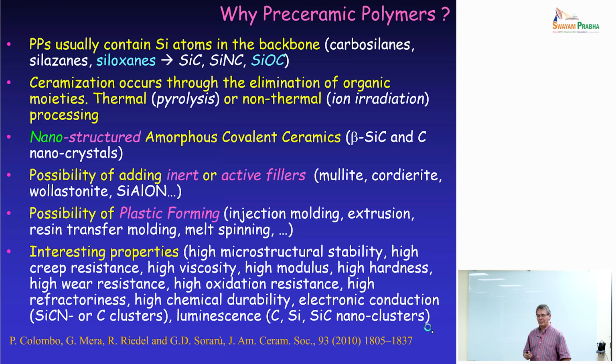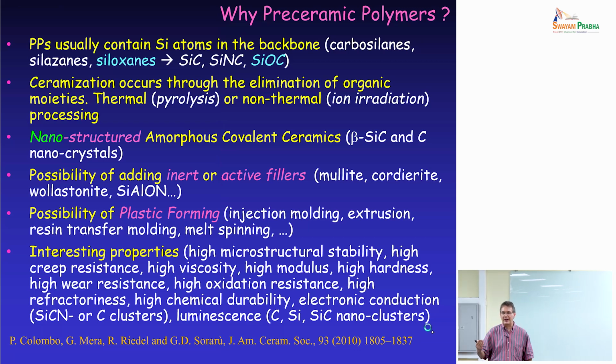So what are preceramic polymers? They are actual polymers that contain silicon atoms in the backbone. Everybody's familiar certainly with siloxanes, polysiloxanes, which are conventional polymers from the point of view of the molecular structure or the architecture.